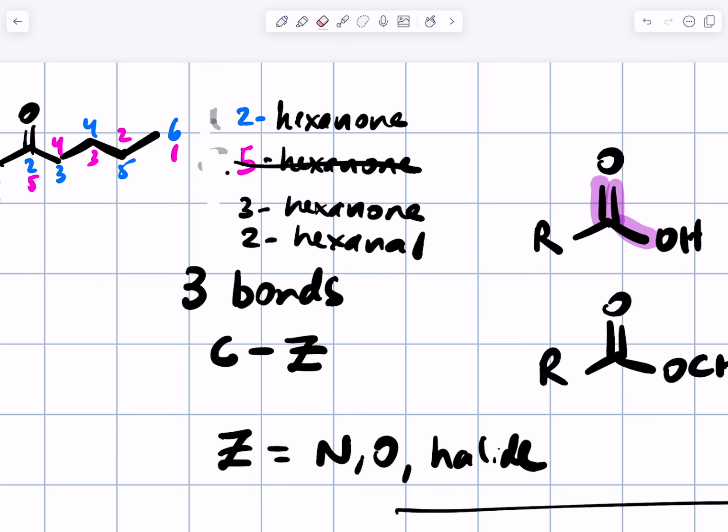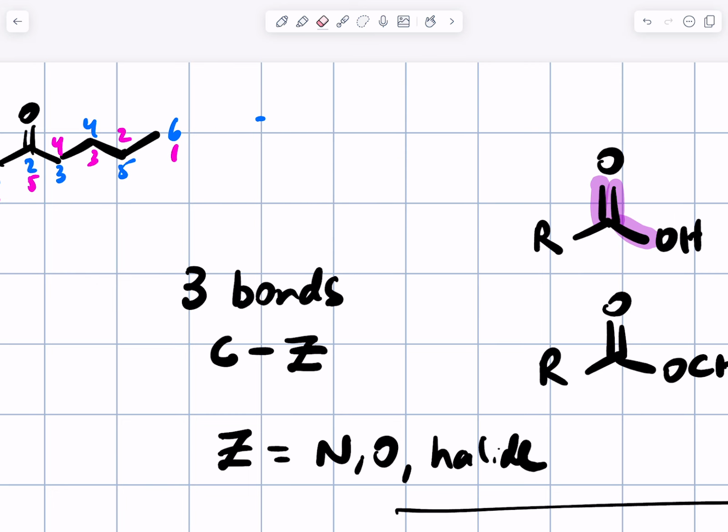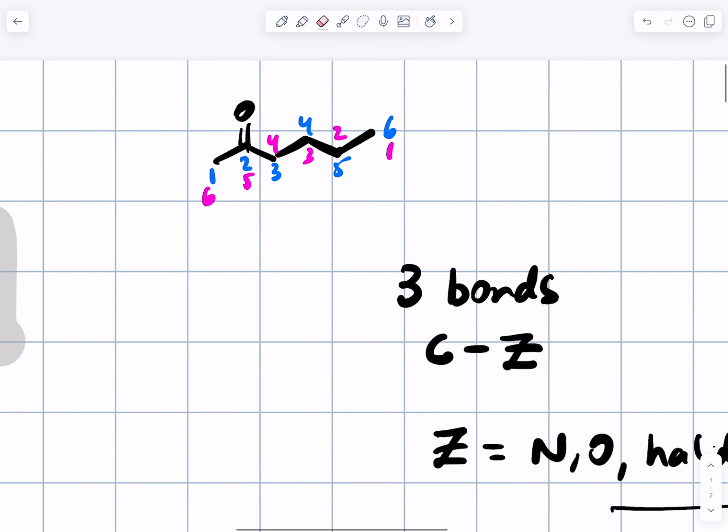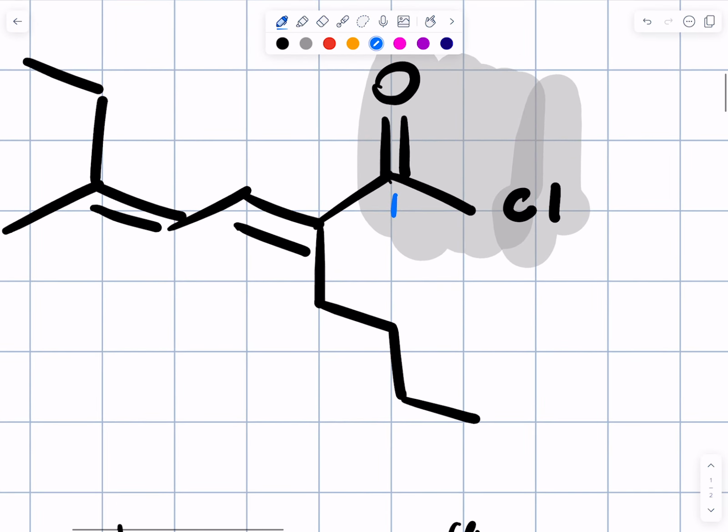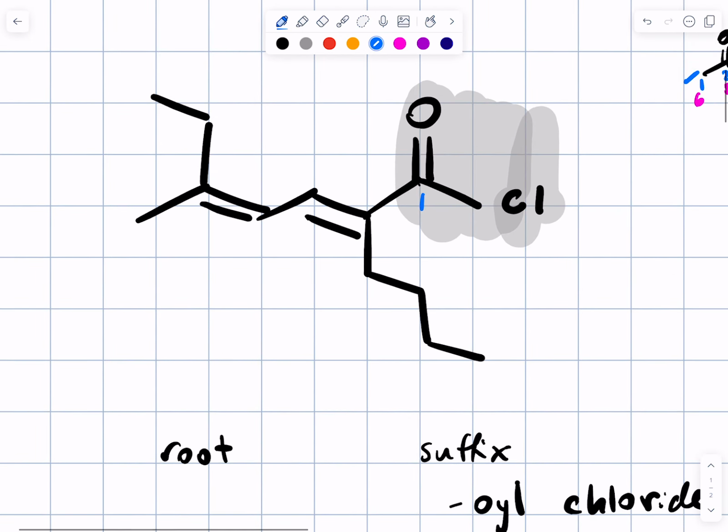So anyway, understand that there is a right way to number things, but as long as your name unambiguously describes the structure, we're going to call it good. Hopefully that provides some reassurance. That being said, with this problem, we have to now decide what's the longest chain that contains the highest priority functional group. Go ahead.